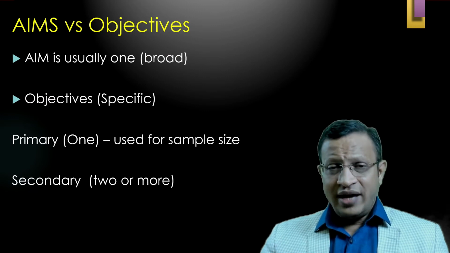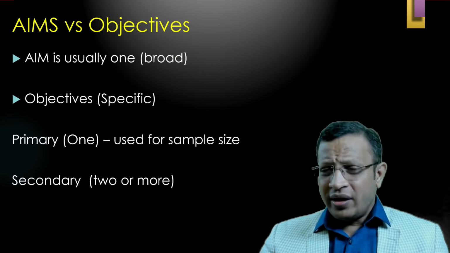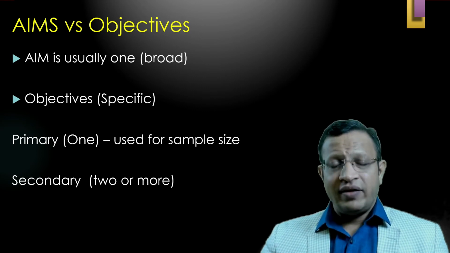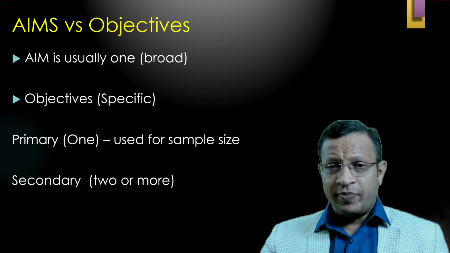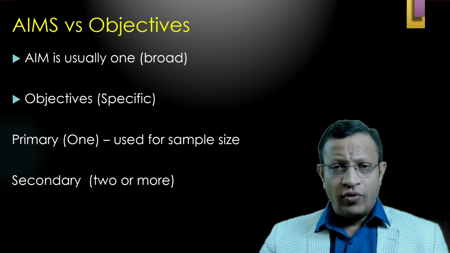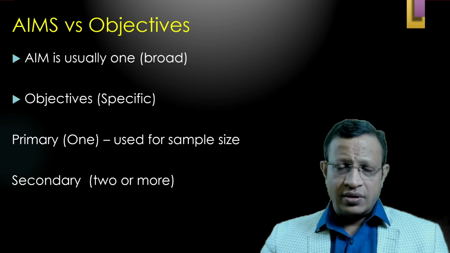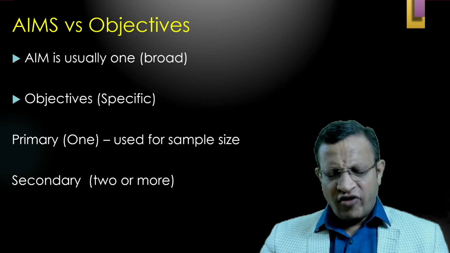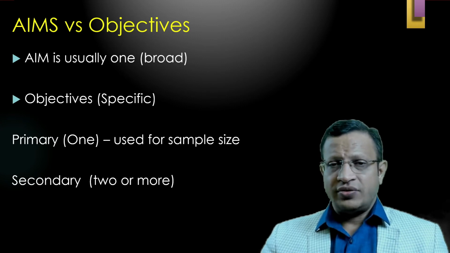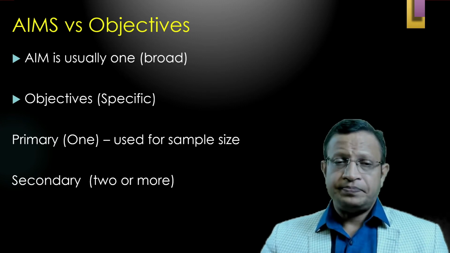What are aims? Aims are usually a broad area you are going to do research in, and objectives are very, very specific. You will have 1 primary objective and 2 to 3 or maybe 4 secondary objectives. My sincere advice is to have only 1 primary objective, and maybe 2 or 3 secondary objectives if you have 1 year to study.